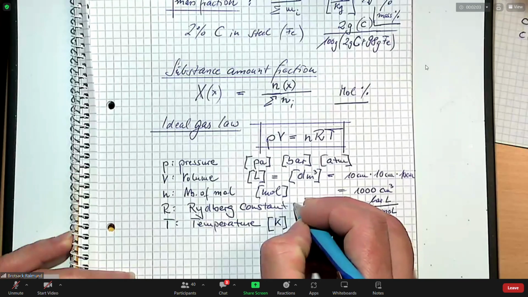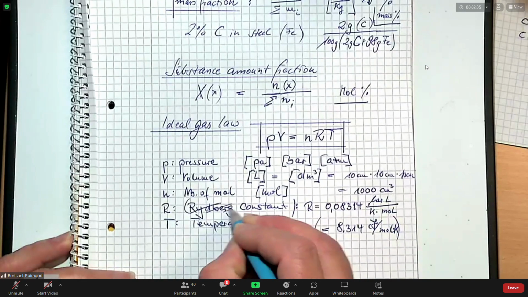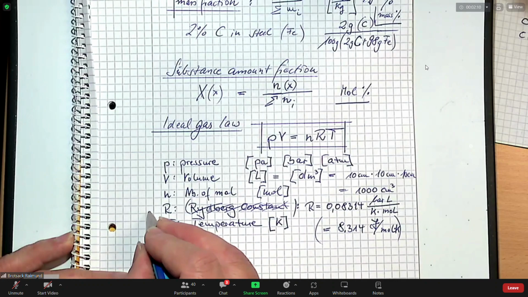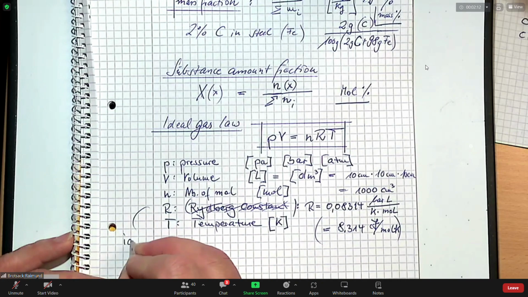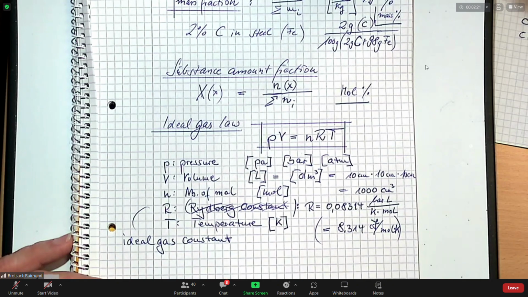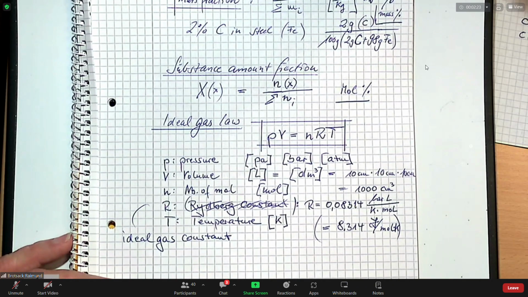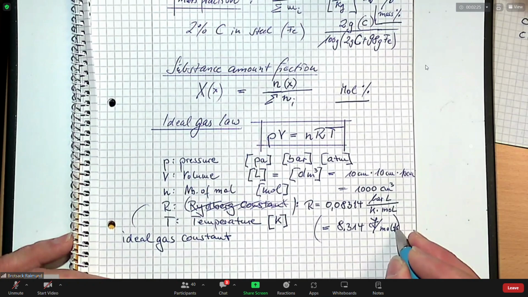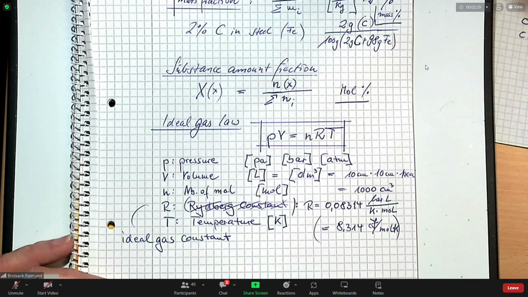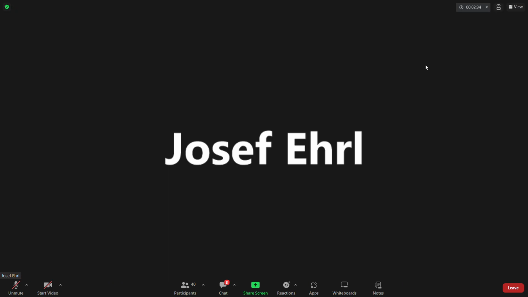Okay, maybe you're right. Okay, then cancel it. Call it ideal gas constant. Sorry. But I'm not sure. I will look it up. Okay, call it in general the ideal gas constant. And here the Kelvin is missing.